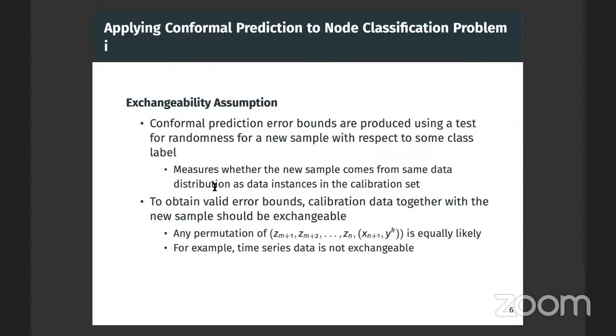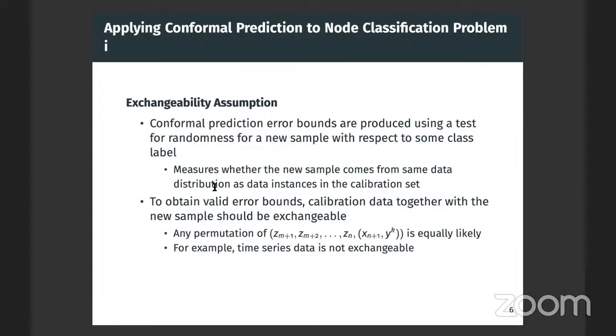So in order to apply conformal prediction for the node classification problem, and generally in order to apply this conformal prediction framework, the training data and the calibration data need to satisfy the exchangeability assumption. Because in order to generate the prediction, in order to generate the significance level, the conformal prediction framework uses a test for randomness.